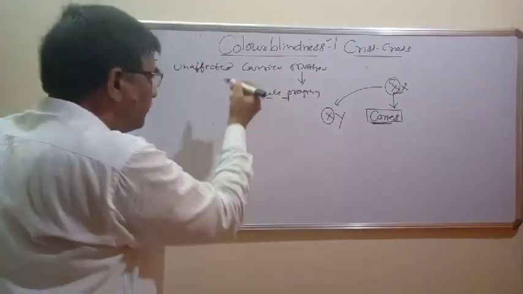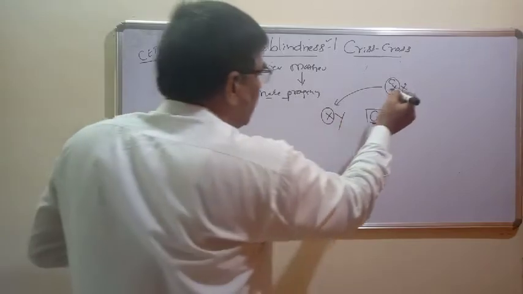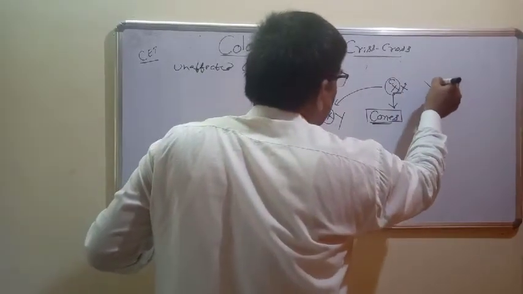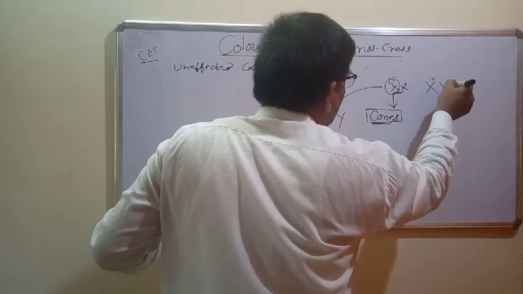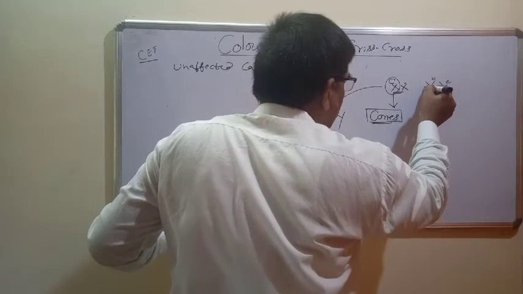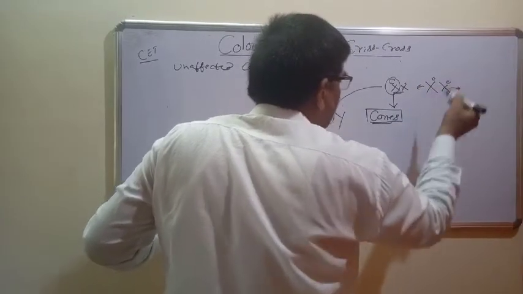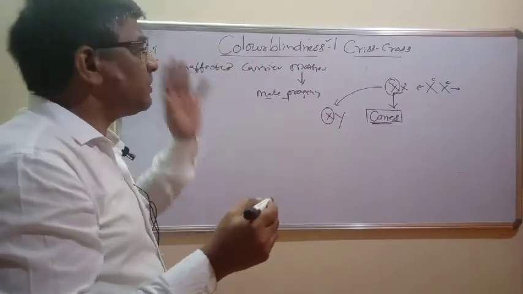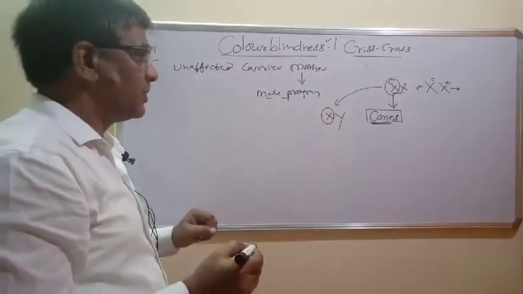If you think like this, for a female to become colorblind, she must have a defective gene on both X chromosomes. One X chromosome is received from the mother, another from the father. Therefore, for a female to be colorblind is very rare, like hemophilia.